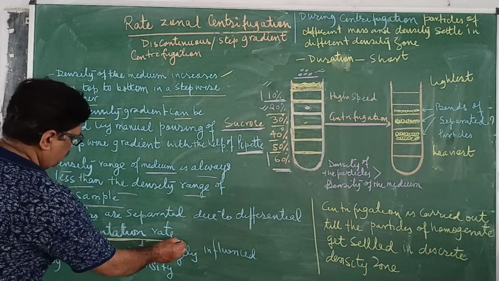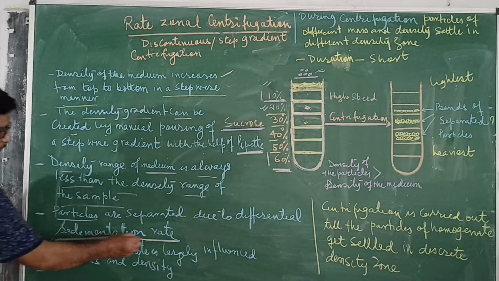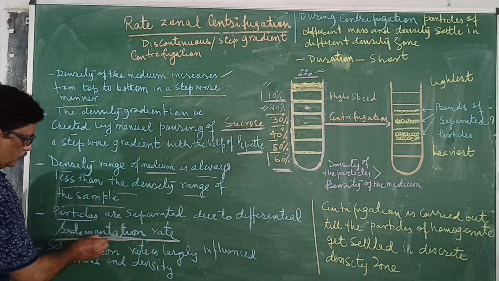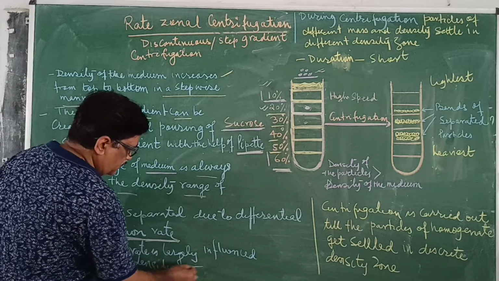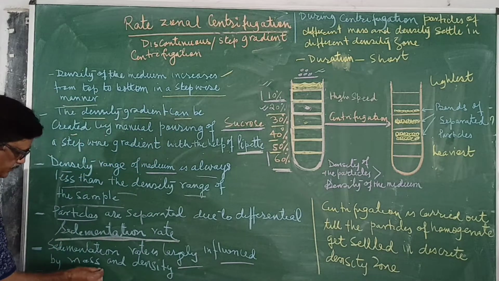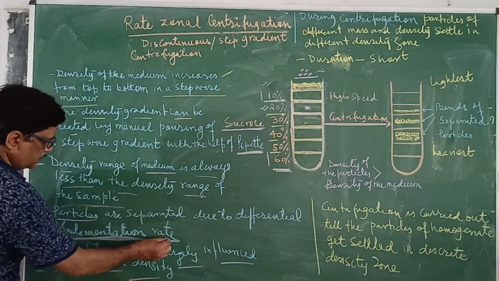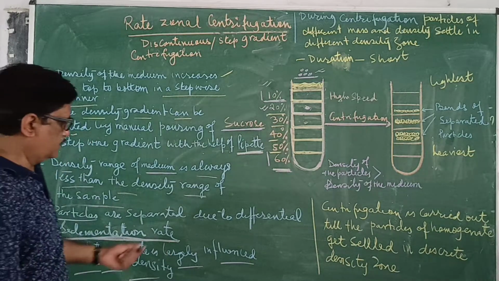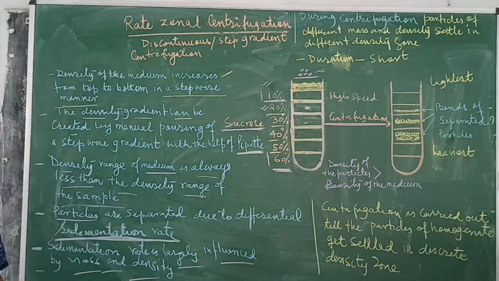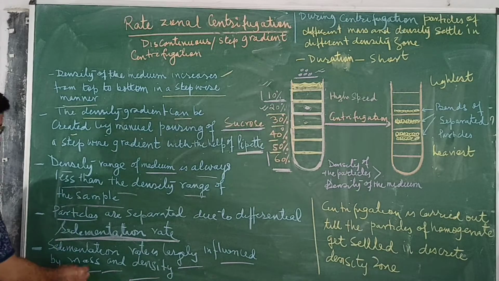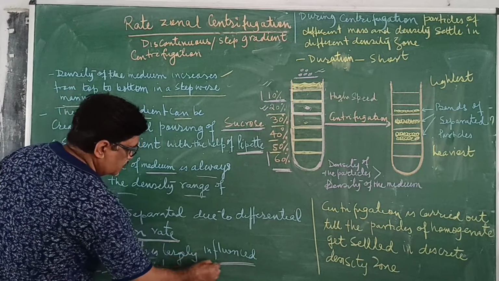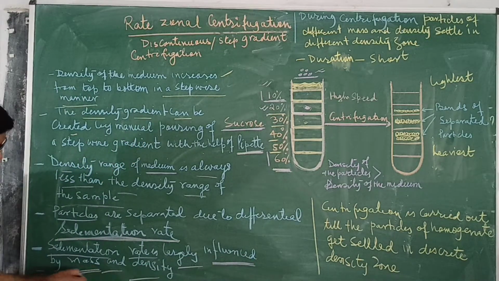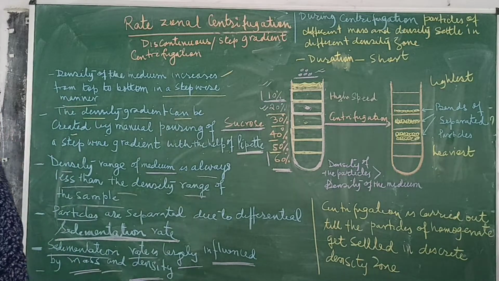We know that sedimentation is largely influenced by mass and density. That means during centrifugation, the sedimentation rate depends upon the mass and density of the particle.